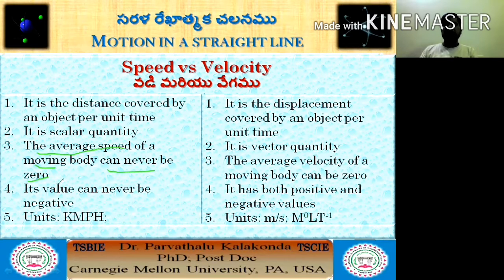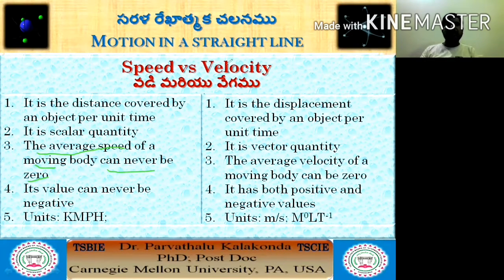I moved from Hyderabad to Vijayawada. Then moved back to Hyderabad. So about 700 kilometers, right? So it cannot be zero. Average speed of a moving body can never be zero. Whereas for the vector quantity, it might be zero, definitely. The average velocity of a moving body can be zero.